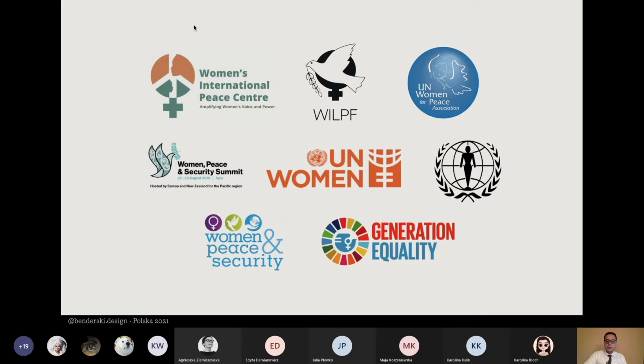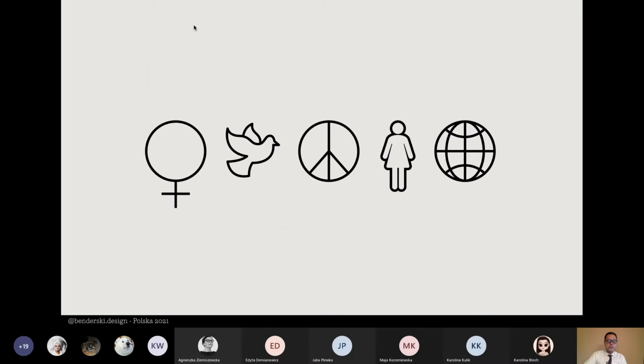So the first thing I did was to check all the different organizations that have similar values, or basically that do something very similar. So these are the logos that I found. When you analyze these logos, you basically see that these 5 symbols are being mixed in different ways. This is what I saw.